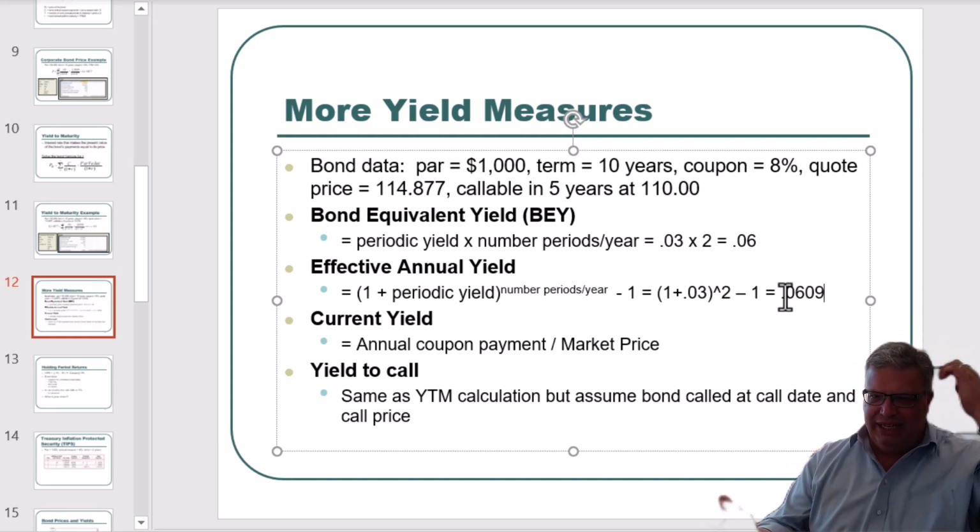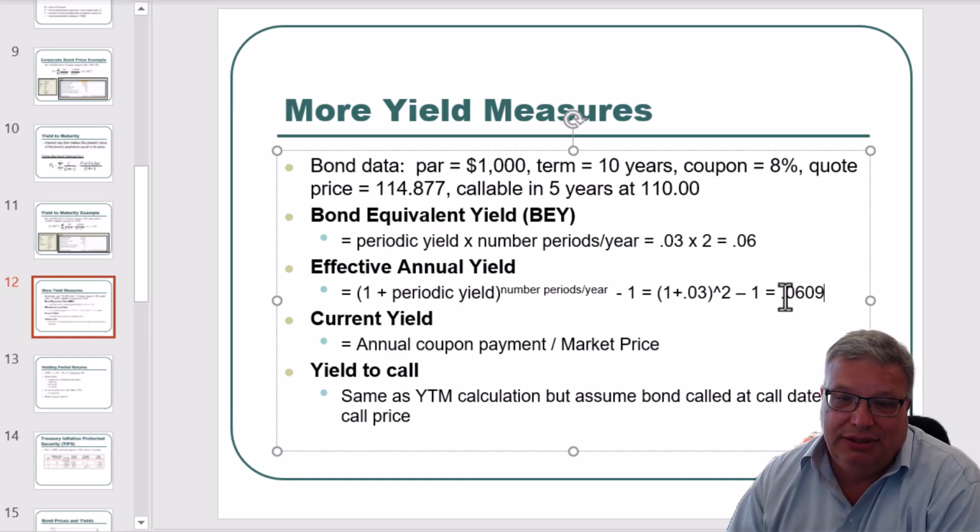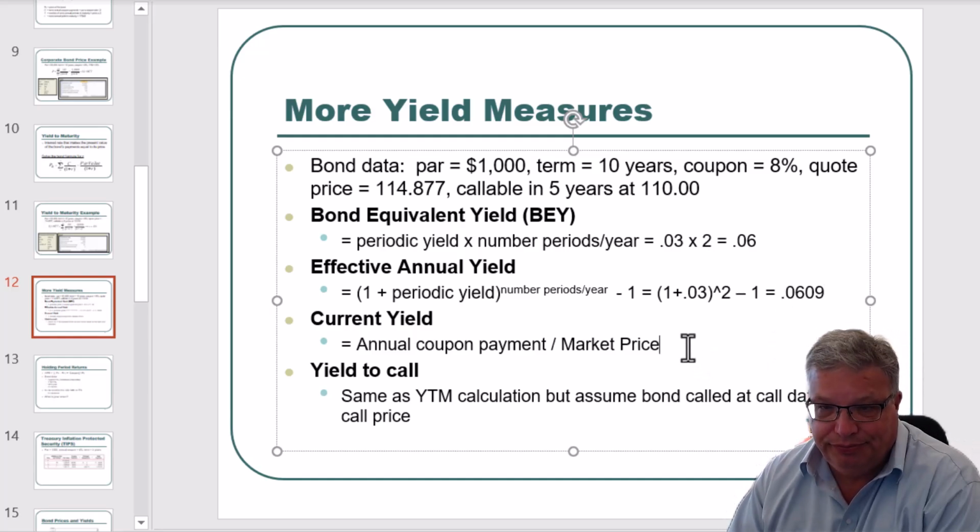Okay, so it's a little higher than the bond equivalent yield to maturity because it's like getting interest on interest, so you're reinvesting your coupons.